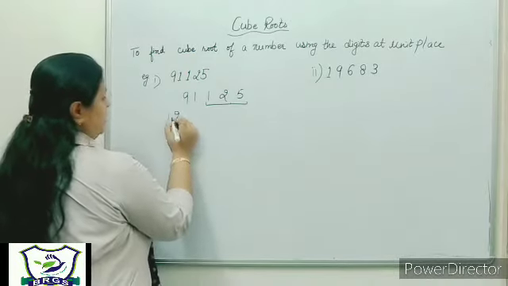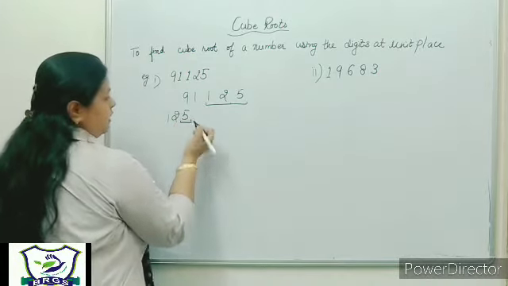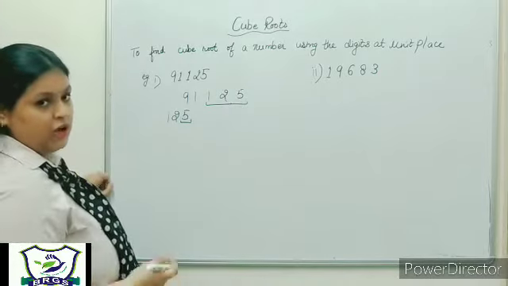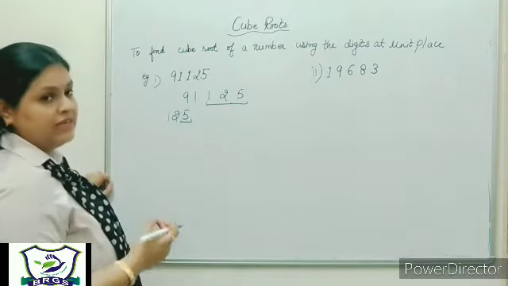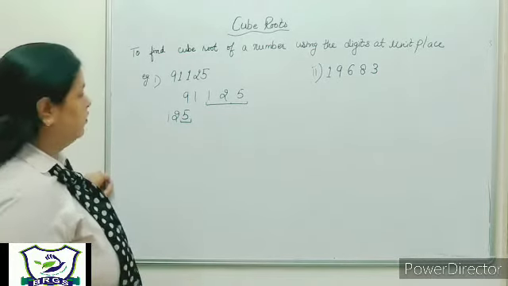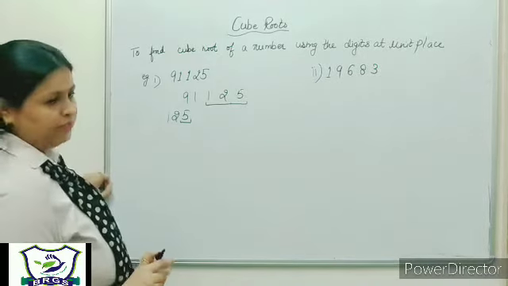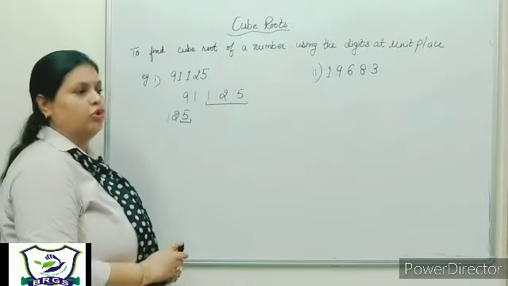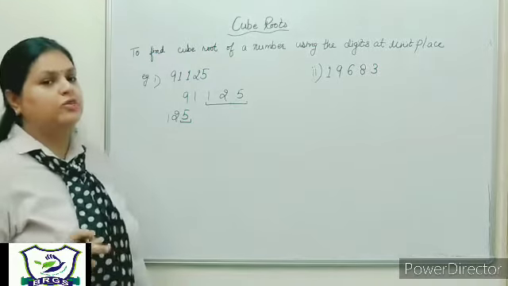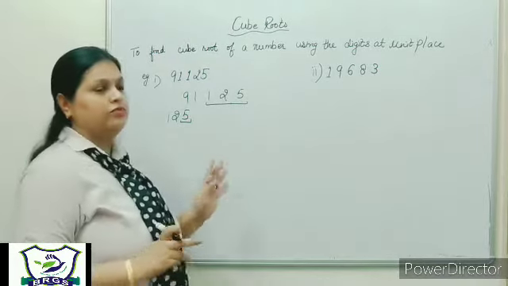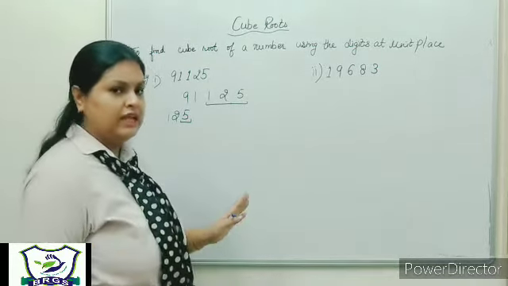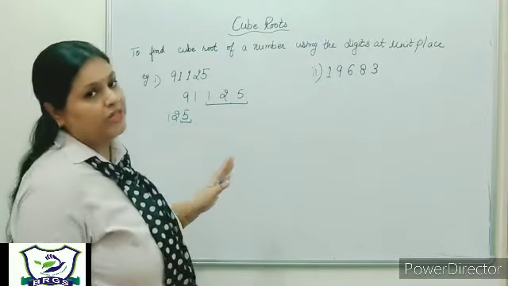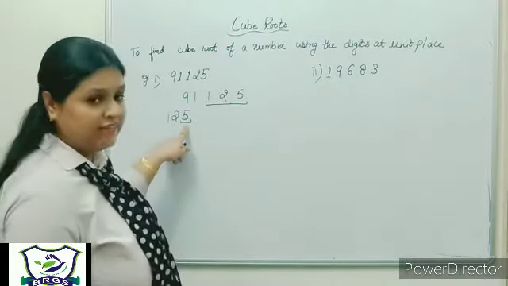So from 125, cubic number has 5 at the ones place. Now you have to guess what will be the digit at the ones place of the cube root of this number. So property number 4 we have done. If a number ends with 0, 1, 4, 5, 6, 9, its cube will also end with same number. So here number is ending with 5.